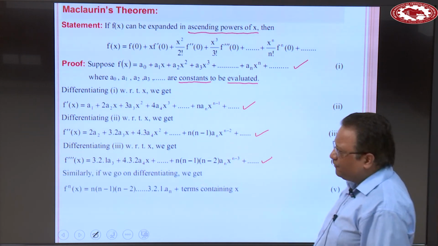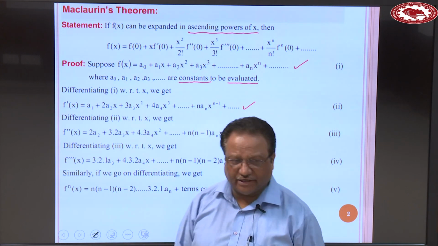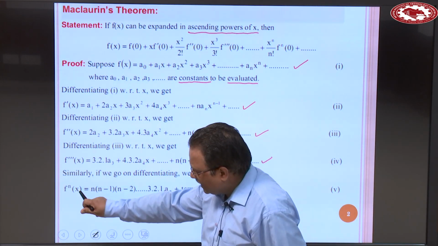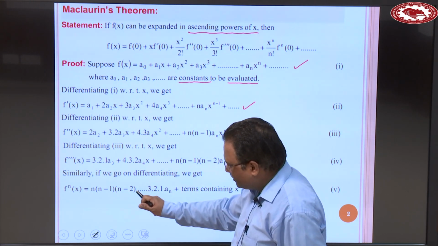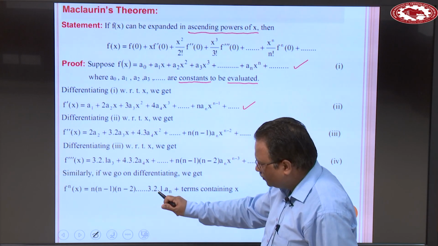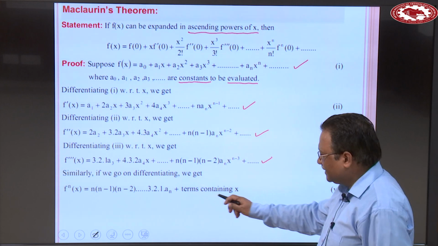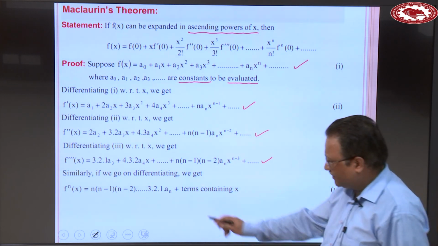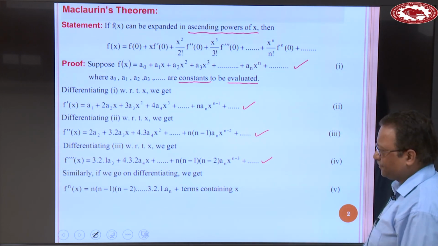Similarly, if we go on differentiating, then we obtain nth derivative f^(n)(x) is equal to n into n minus 1 into n minus 2 and so on 3, 2, 1 an plus terms containing x. We have infinite terms after this.